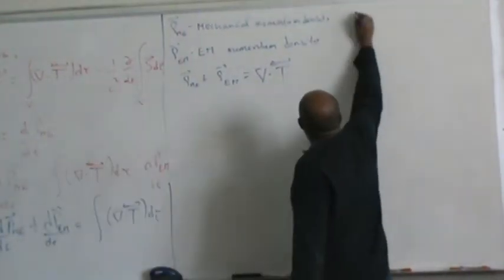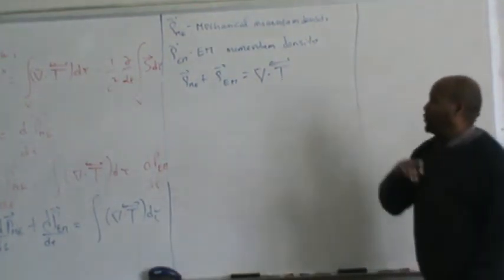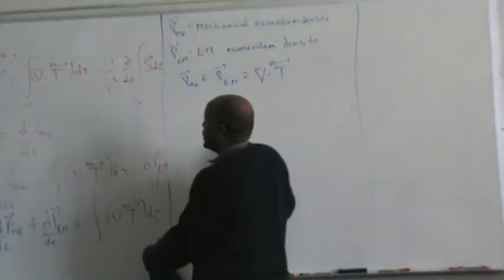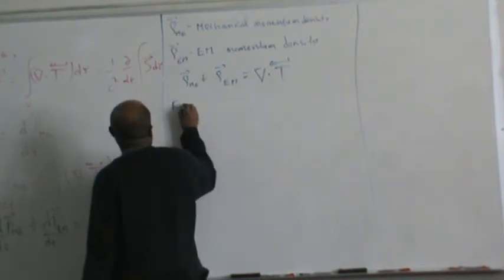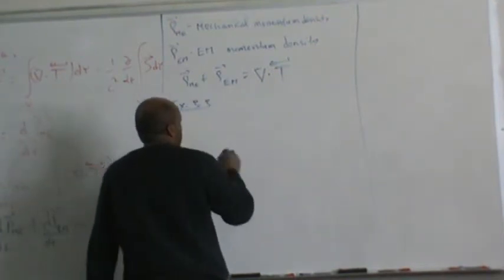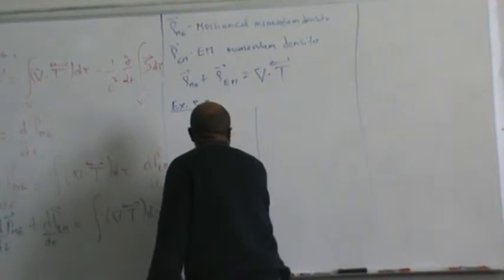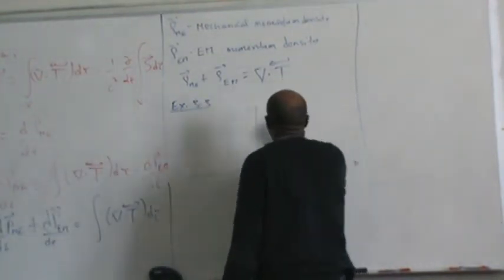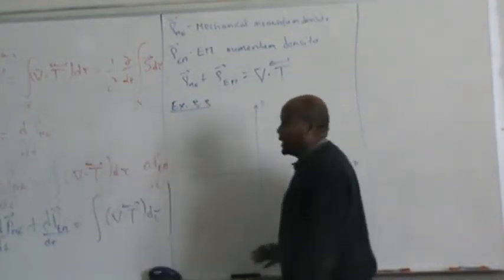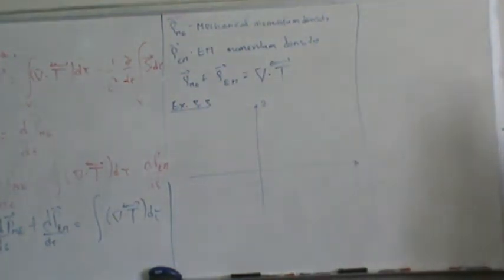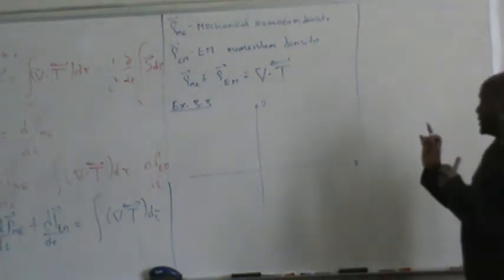So if I draw the two-dimensional view of this example, let's say this is X, Y, and Z is going to be towards you. So we have two cylinders.